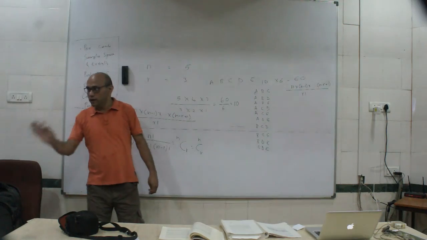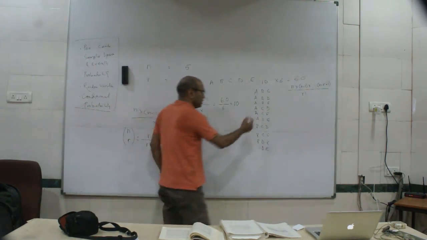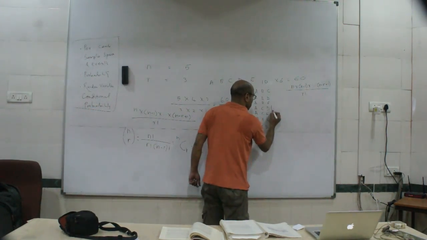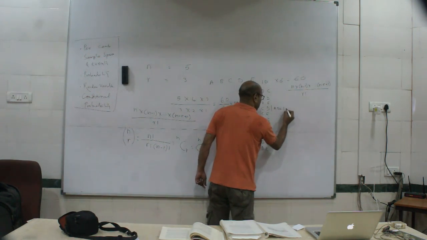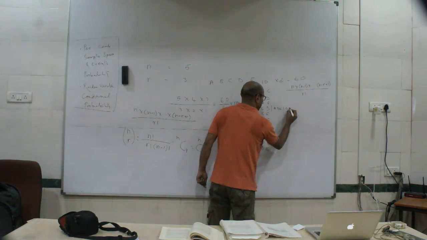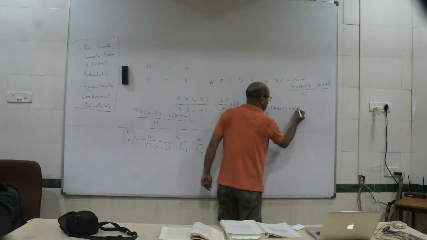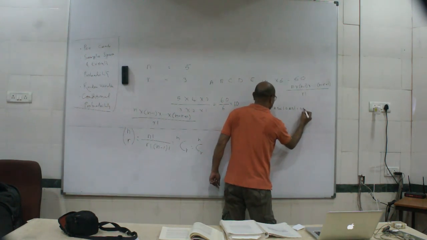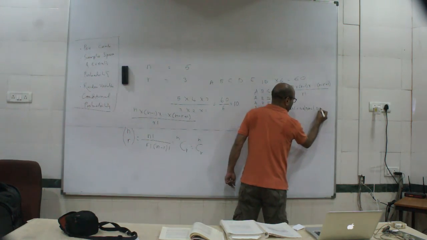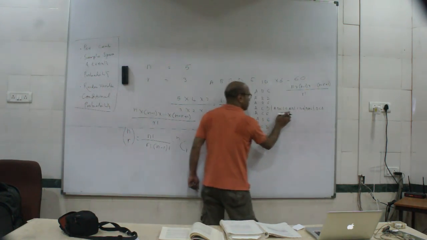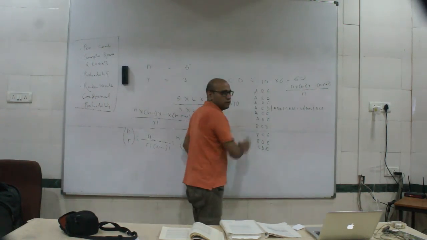Understood? See, this ACD can also be written as ADC or CAD or CDA or DAC or DCA. 1, 2, 3, 4, 5 and 6.